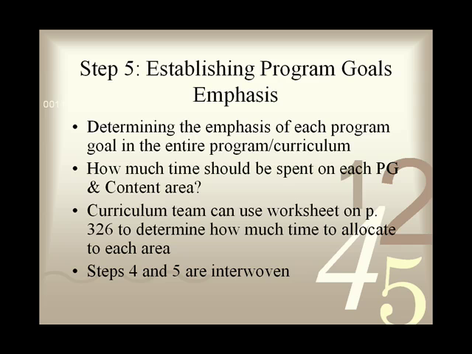Now, this is a step where I think you just need to read the book. You should use the worksheet on page 326. Again, this is also in the course documents to determine how much time to allocate to each area. You're going to have to do some rank ordering with this, and okay, this is more important than this. You're just going to give it 1, 2, and 3.